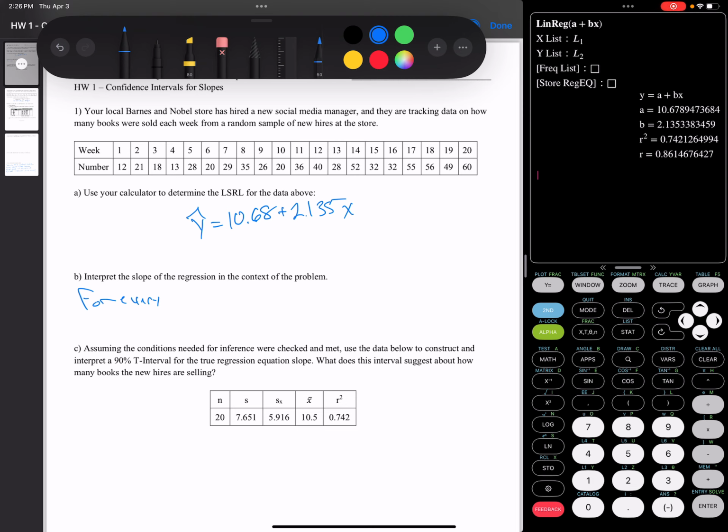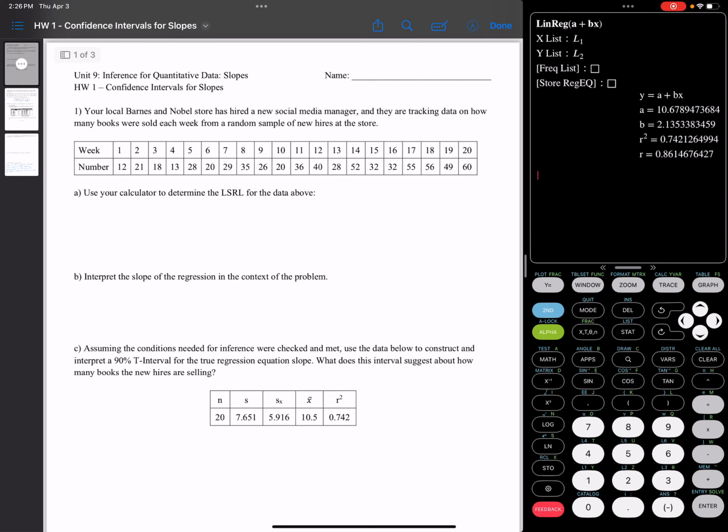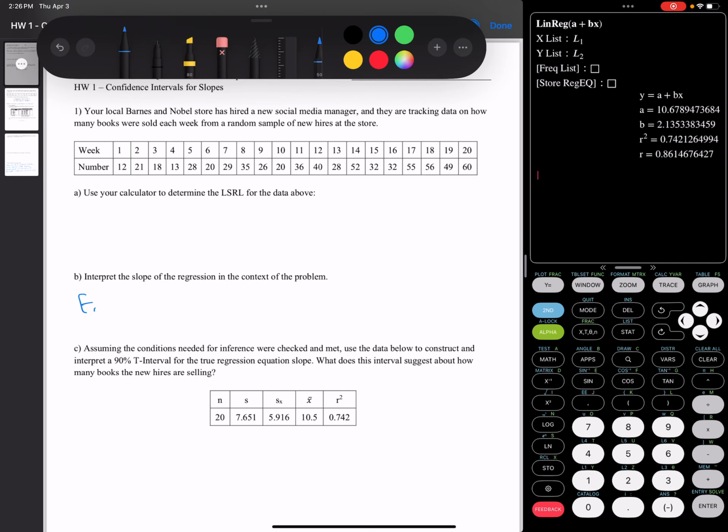We're going from week 1 to week 2 to week 3 to week 4. For every week that passes, what's changing in the y? The y is changing by our slope every time x increases.